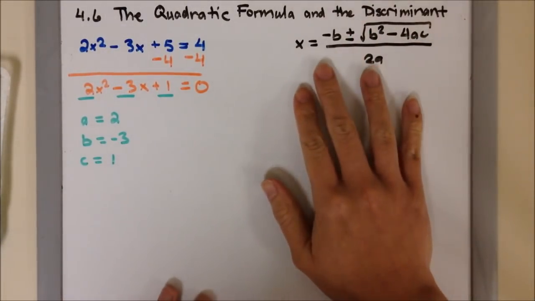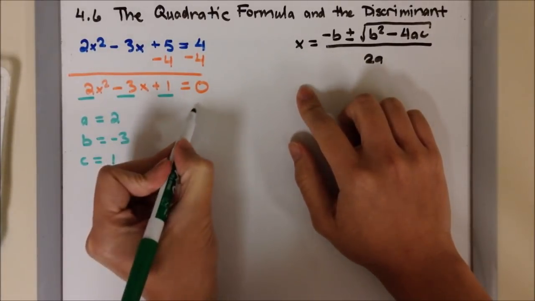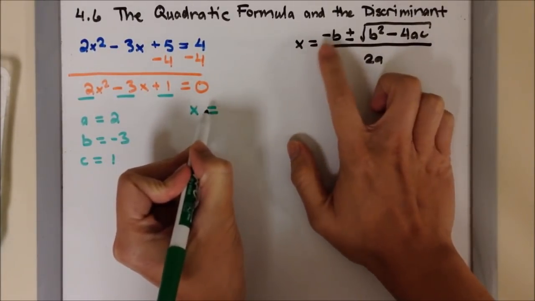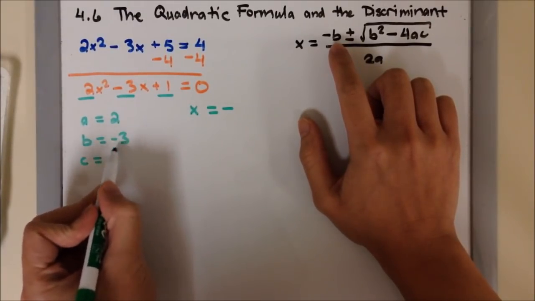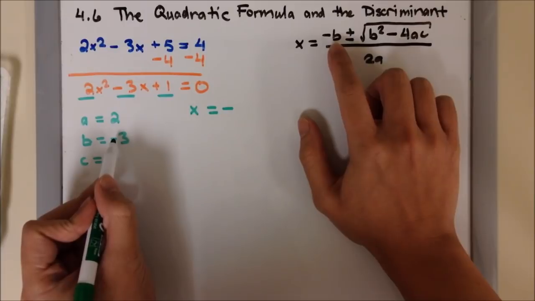Alright, so following the quadratic formula, x equals my negative, and now I'm going to put my b value. Here, watch out, because my b is negative 3.